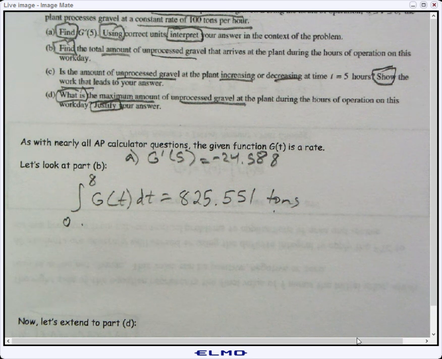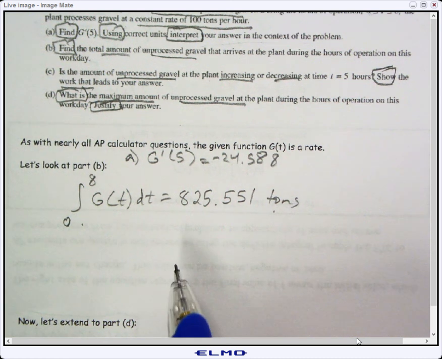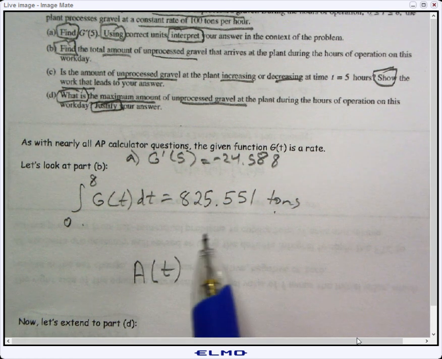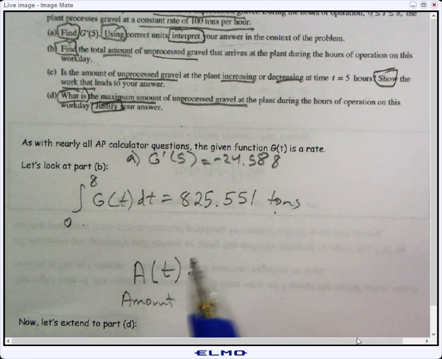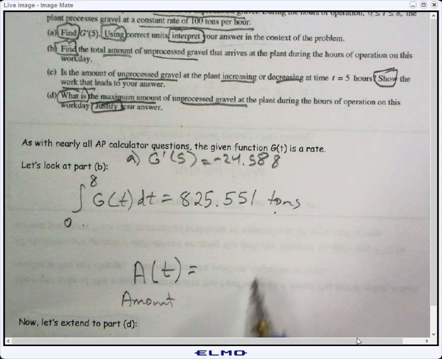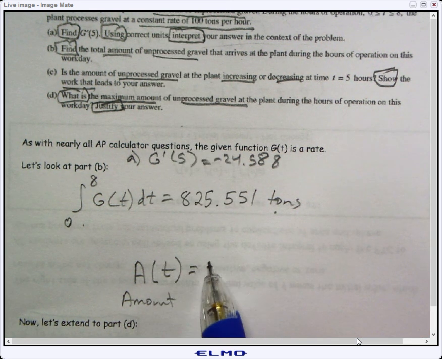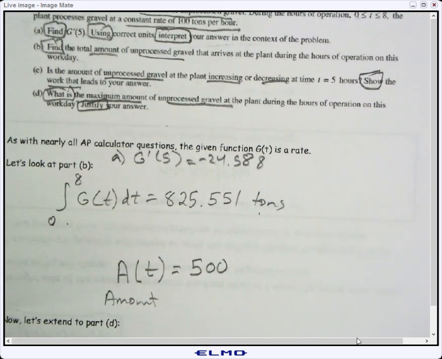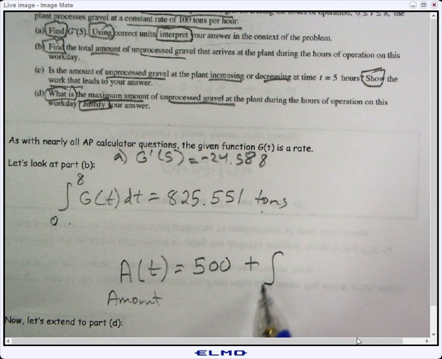Okay, so in this problem, the amount of unprocessed gravel at any given time, call it A of t if you want, is the initial amount plus however much is added or subtracted. So in this case, the initial amount is 500. That's way back up in the problem. If you look, we started with 500. And then to that, we want to add up the total change.